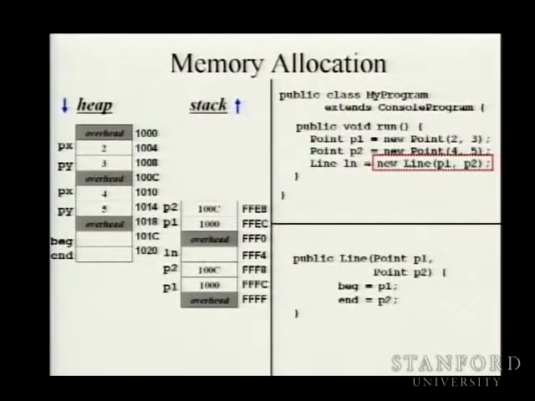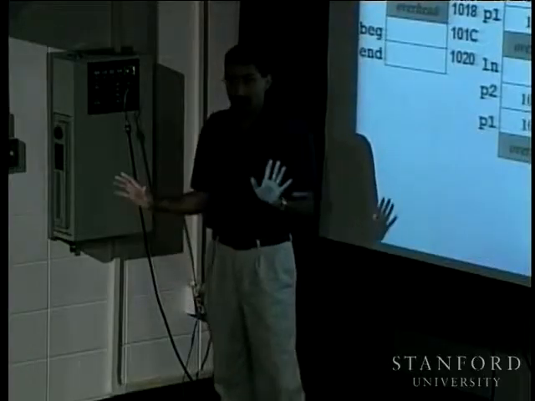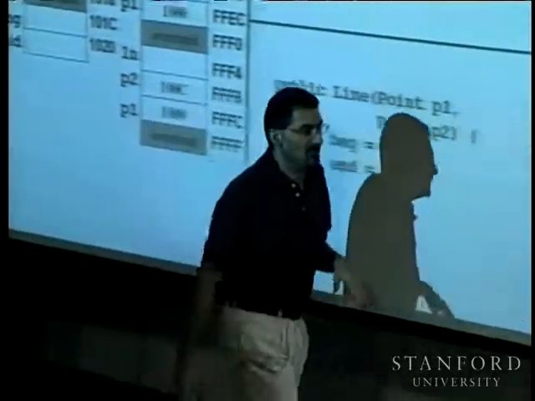P1 and P2. What are P1 and P2? They're pointers. They're just values that happen to be memory addresses. So I pass a copy of the address 1,000 and a copy of the address 1,000 in C. I don't create new versions of P1 and P2. All I do is pass copies of their addresses. Okay, are we clear on that? That's the critical concept here.